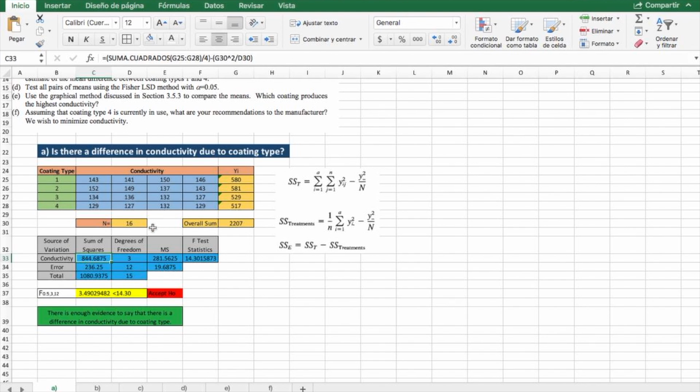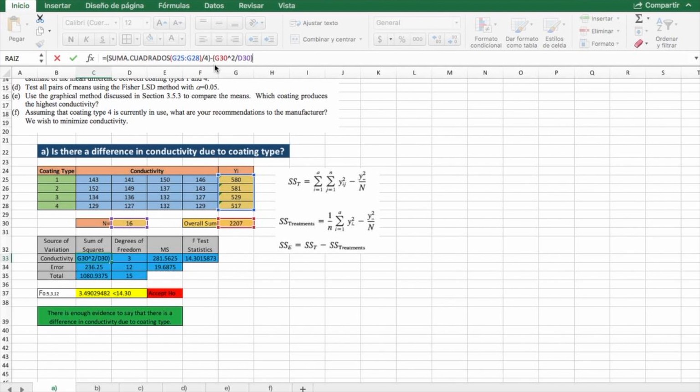Then you have to obtain the amount of numbers of the conductivity. In this case it is 16. So we have to obtain the sum of squares of the conductivity. This is obtained by taking the sum of squares of the sum we obtained in each row, divided by the number of columns, in this case 4.